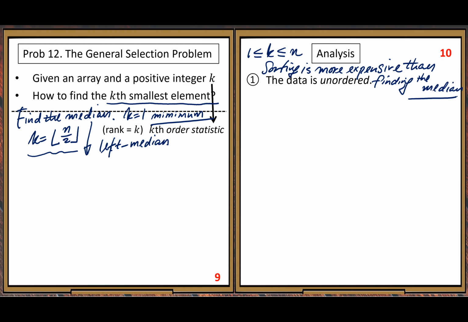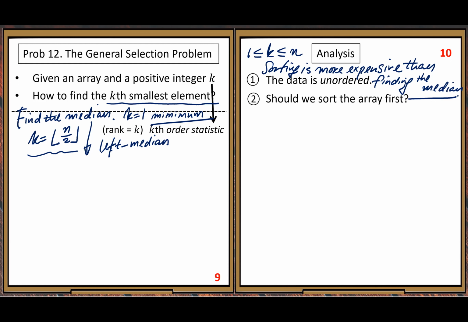In other words, we can find the median without sorting. We can use fewer comparisons to find the median without sorting. That is a basic fact for the selection problem.